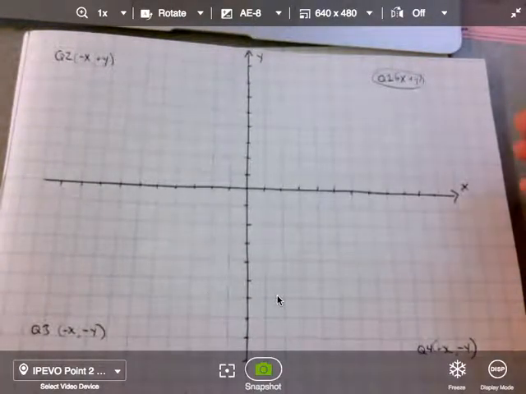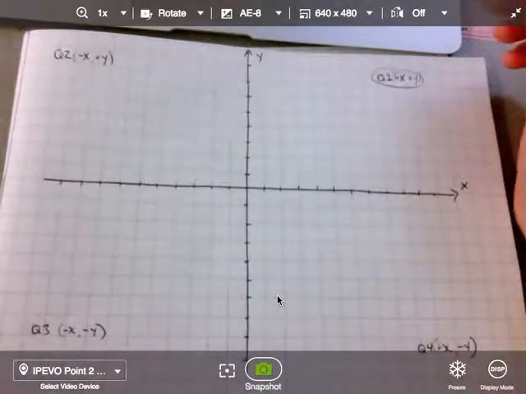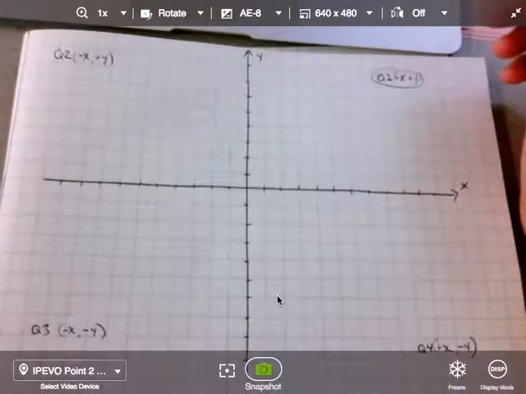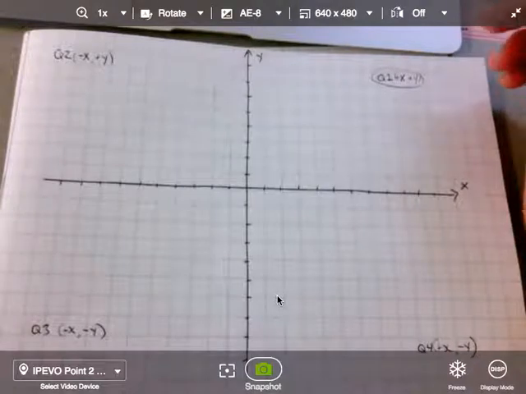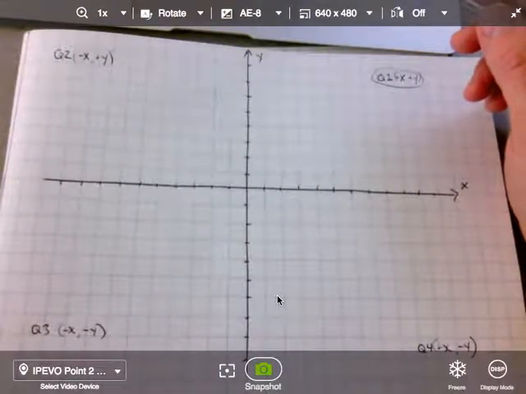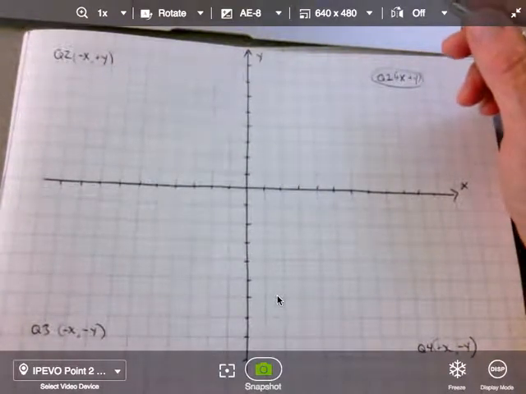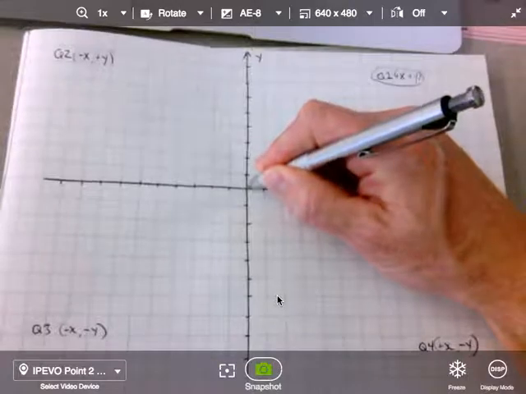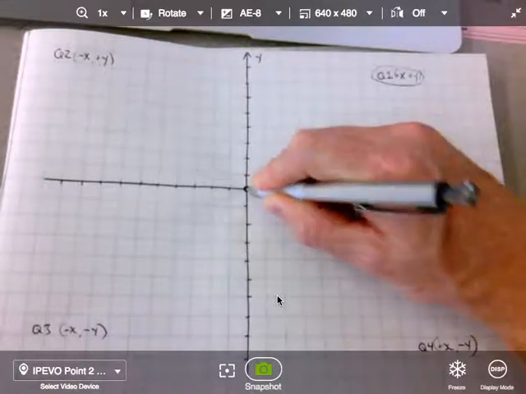Now, as you are making this, the grade 8 curriculum asks that you do rotations of 90 degrees, 180 degrees, and 270 degrees. And that we do our rotations about something called the origin, which I've hinted at in other lessons. That would be right here.